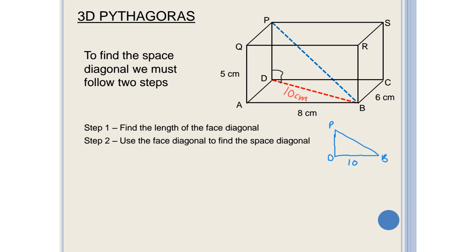From D to P, well, I know that's going to be 5 because I've got a measurement from A to Q up at the front. From A to Q, I've got a measurement of 5. So I know that from P to D, or DP, is going to be the same length.